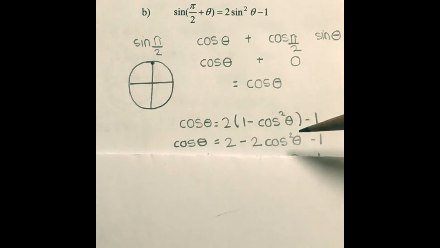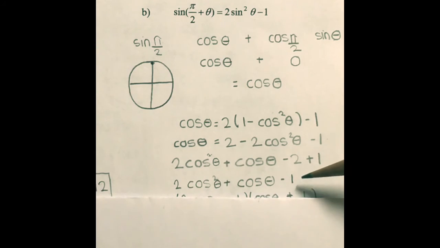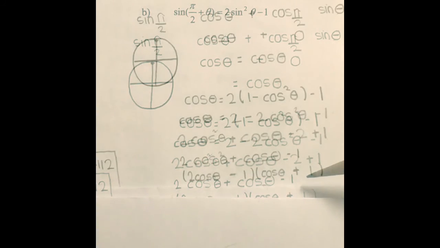So after distributing the 2, we now have this equation, and can move everything to one side of the equal sign. We now have this equation, 2 cosine squared theta plus cosine theta minus 2 plus 1. These two terms here simplify to -1. This is our final equation before factoring.